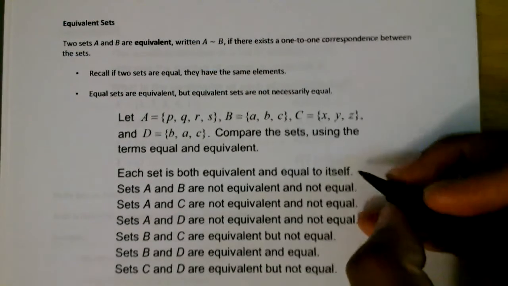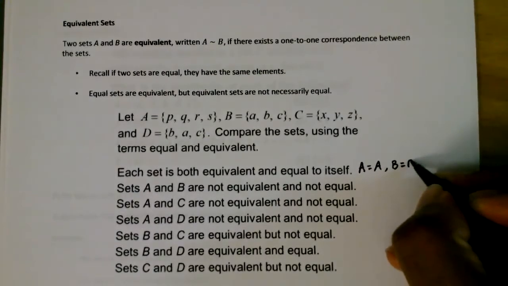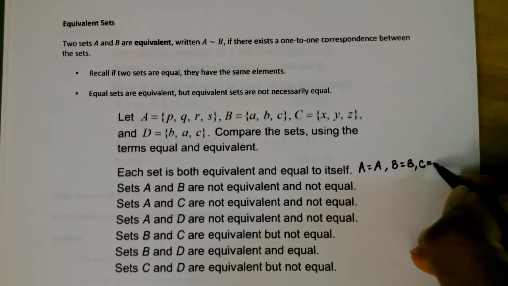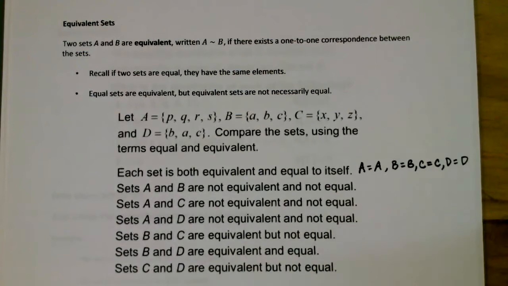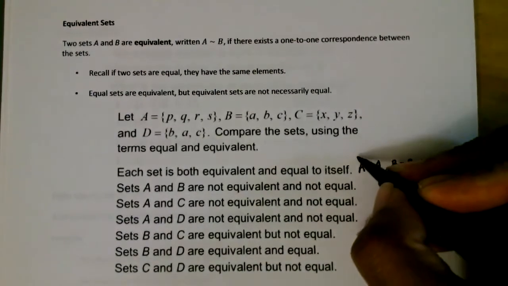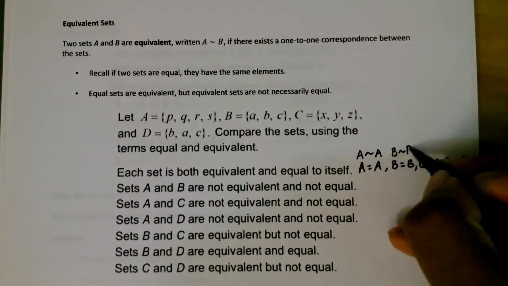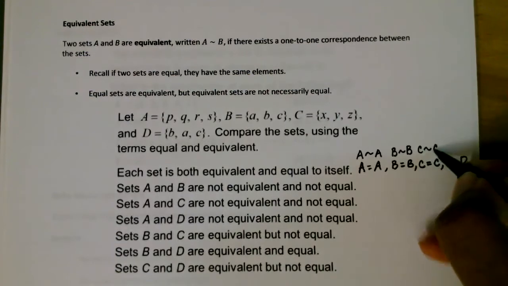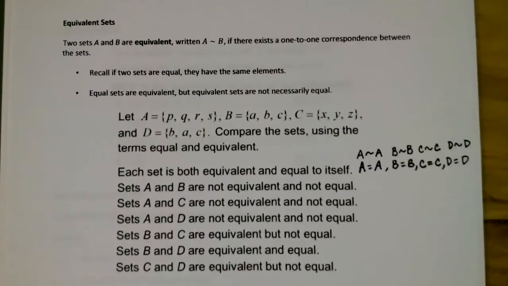In other words, A is equal to A, B is equal to B, C is equal to C, D is equal to D. They're equal to themselves, and also they're equivalent. A is equivalent to A, B is equivalent to B, C is equivalent to itself, and D is equivalent to itself as well. Because I can come up with one-to-one correspondences for each one.